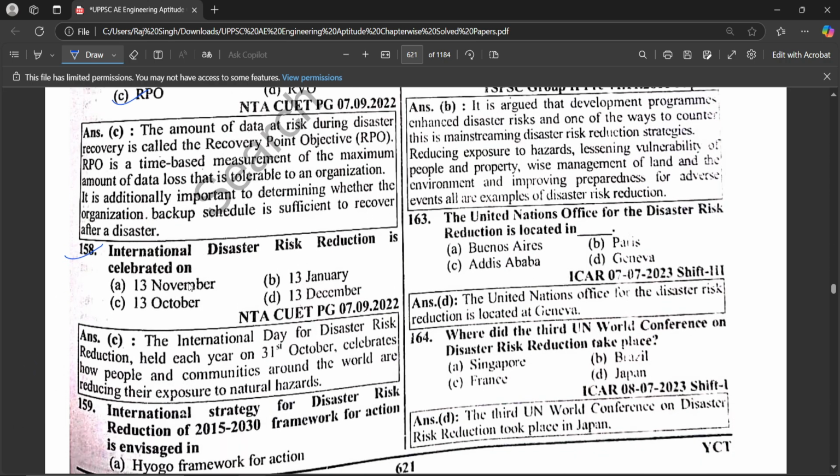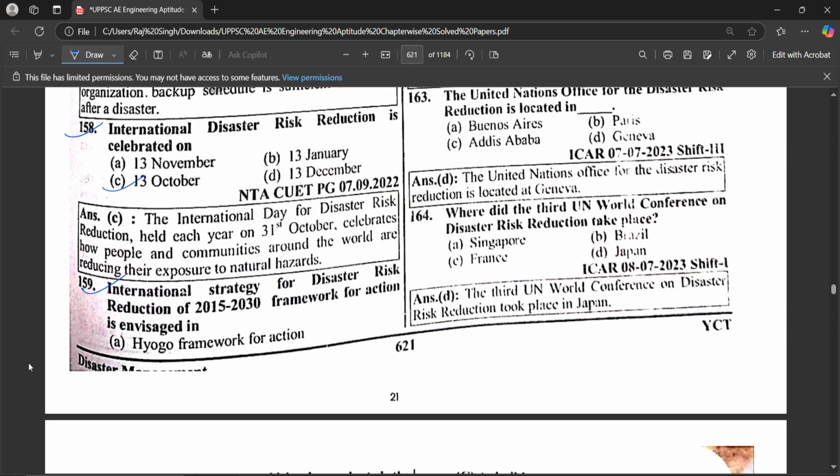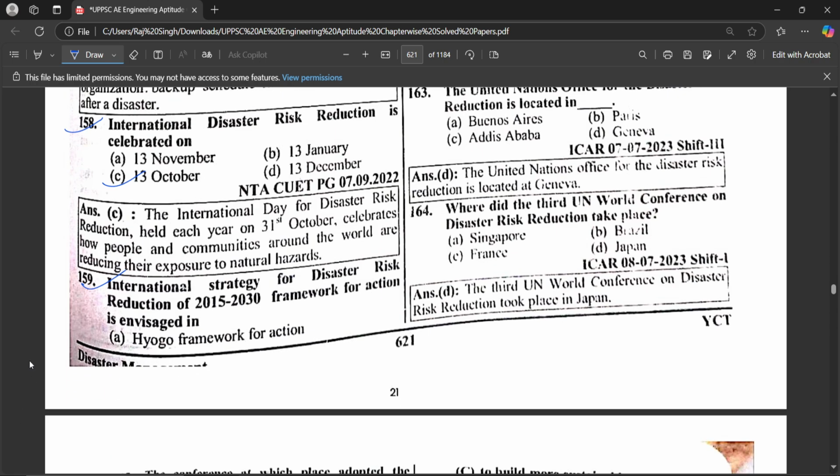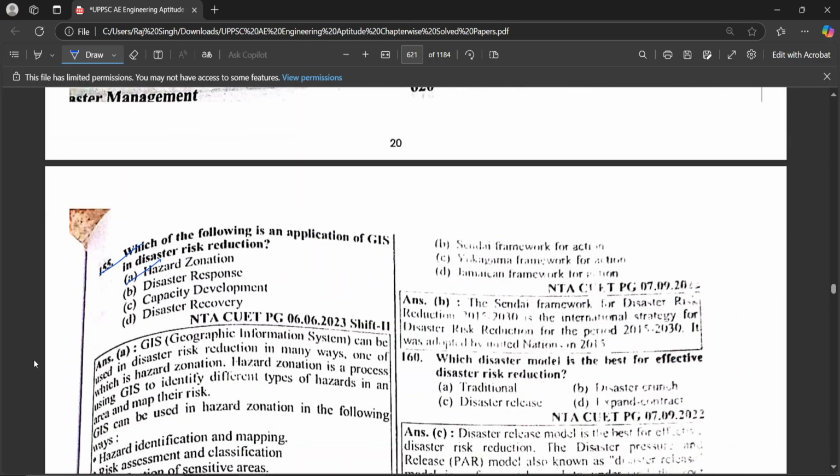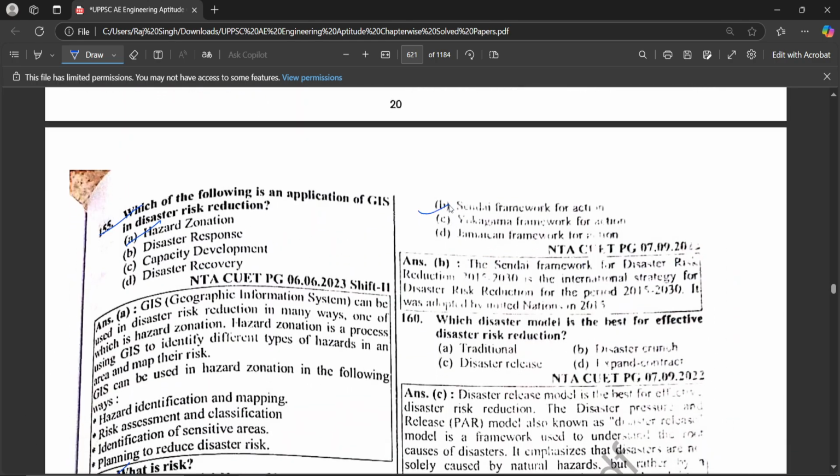International Day for Disaster Risk Reduction is celebrated on 13 October. The International Strategy for Disaster Risk Reduction framework of action for 2015-2030 is the Sendai Framework for Action. Which disaster model is best for effective disaster risk reduction?